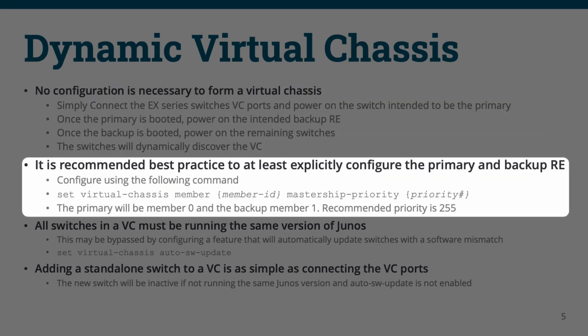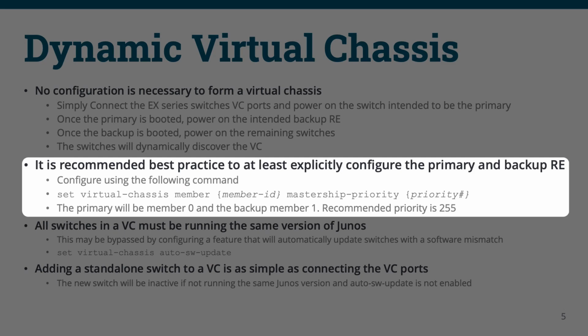Although we can simply connect and power on the switches to form a VC, it's highly recommended to at least explicitly configure the primary and backup REs in the configuration. If the above procedure was followed, the primary and backup REs will have member IDs 0 and 1 respectively.